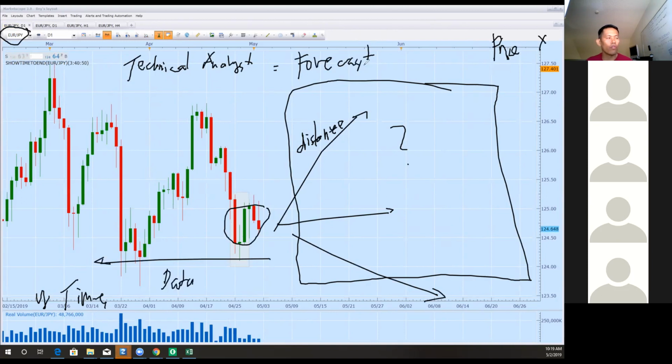So to forecast the price somewhere sometime in the future, you need the data. You need the current, which is the present, and past data, which is basically all the numbers involved, to create that probability. So in other words, it's all about statistics.